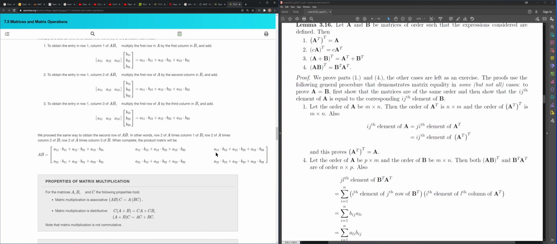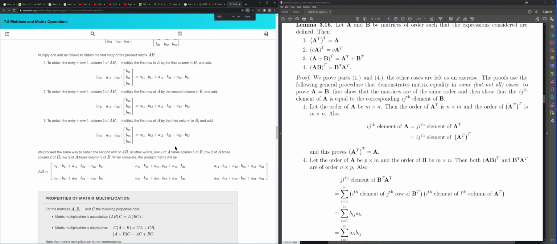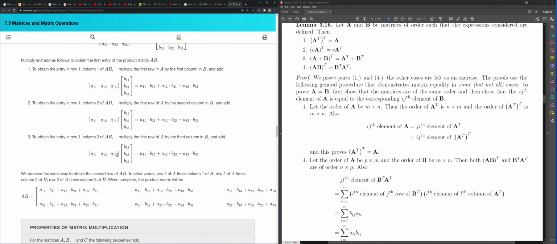Now the point is this here. Okay, so let's use this same first row and third column.